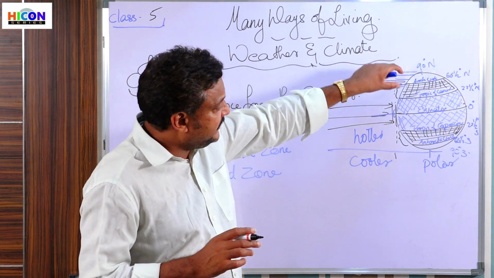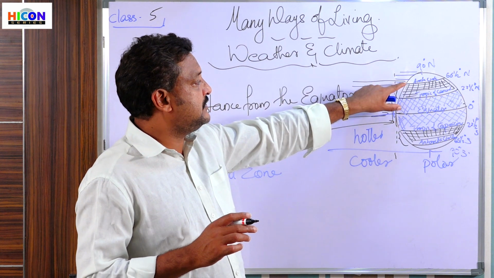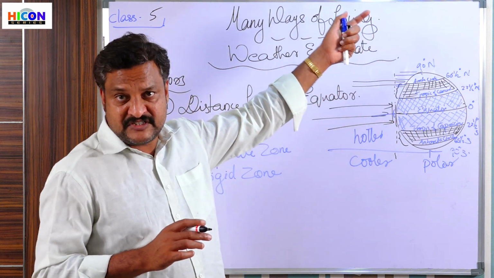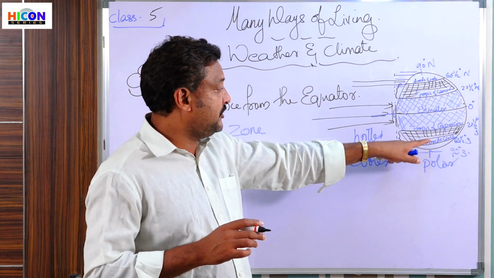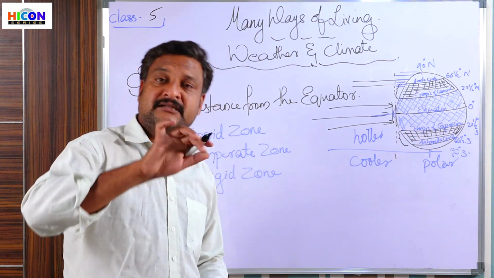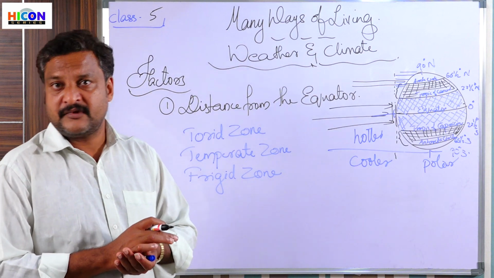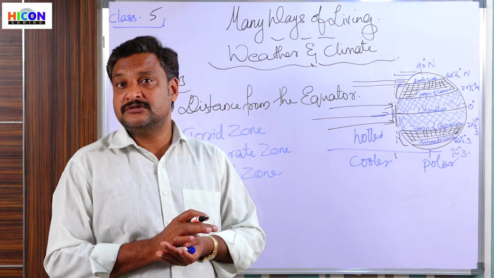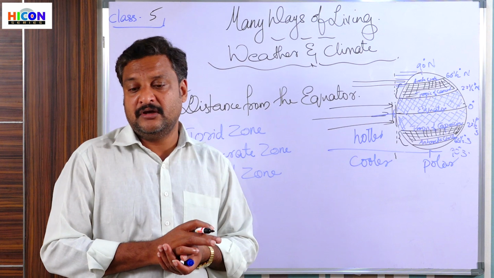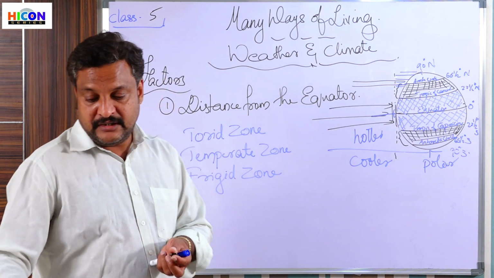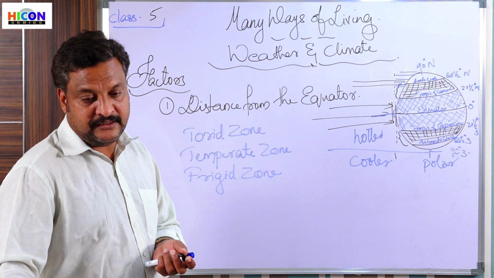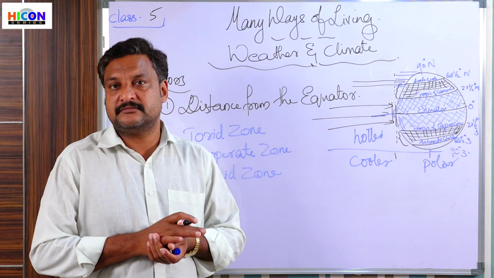Okay, it's not that hot as the sun rays that fall on the torrid zone. So the regions between the Tropic of Cancer and Arctic Circle in the northern hemisphere, and the Tropic of Capricorn and Antarctic Circle in the southern hemisphere, receive moderate sunshine. It's neither too hot nor too cool. This region is known as the temperate zone.